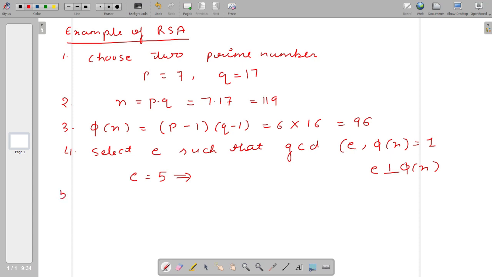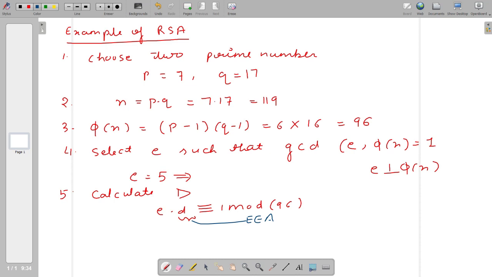Now let's calculate D. According to RSA, we calculate D such that E into D is congruent to 1 mod phi n, which is 1 mod 96. How are we going to calculate this D? We can calculate D using the extended Euclidean algorithm, EEA, which we have discussed in previous videos.